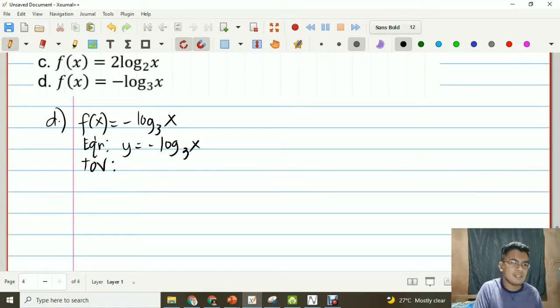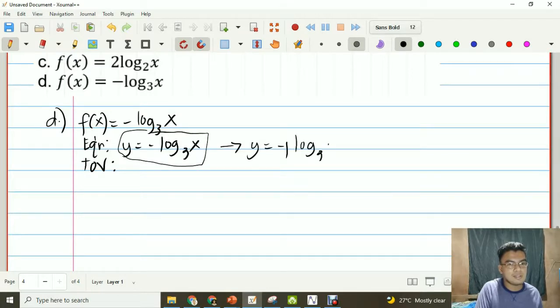As you can see, this equation can be written as y is equal to negative 1 times log base 3 of x. So kung titignan natin, na-generate yung logarithmic equation na ito from our logarithmic equation y is equal to log base 3 of x.